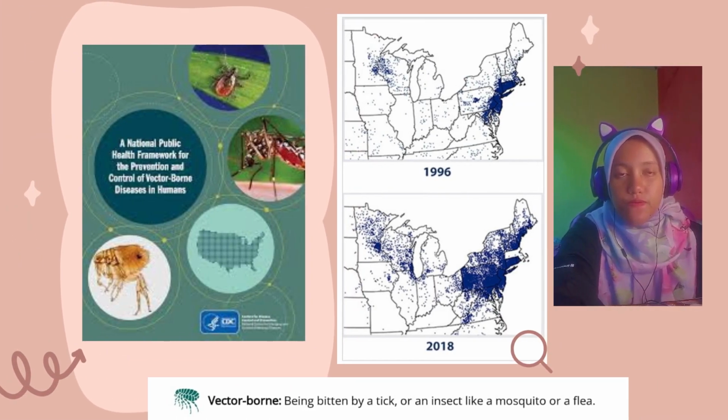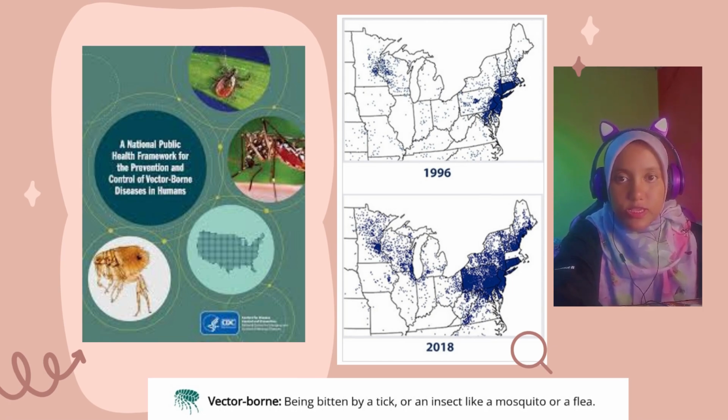As we all know, VBD is a disease carried by vectors. Climate is one of the factors that influence the distribution of diseases borne by vectors such as fleas, ticks, and mosquitoes, which spread the pathogens that cause illness.